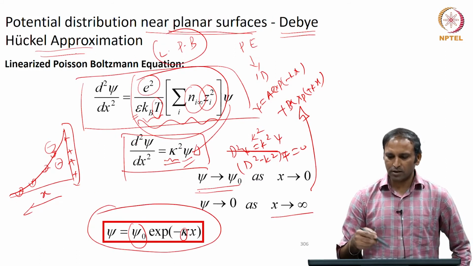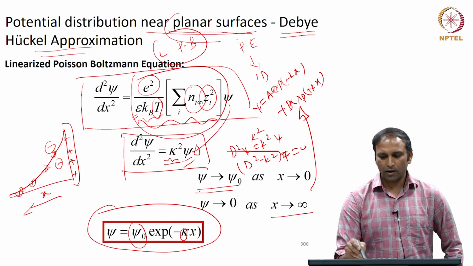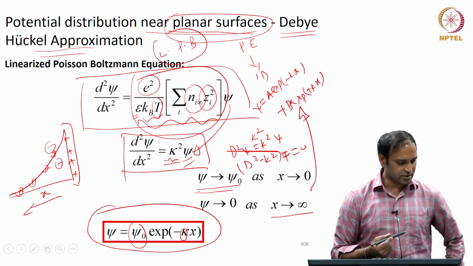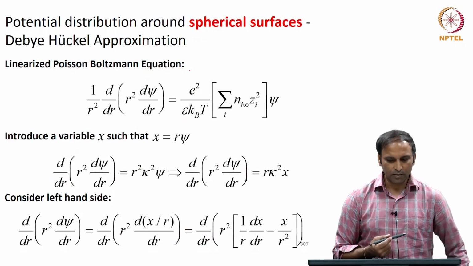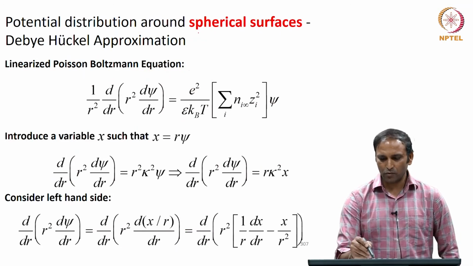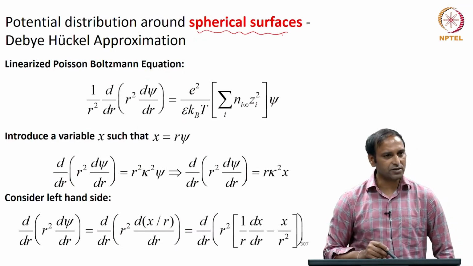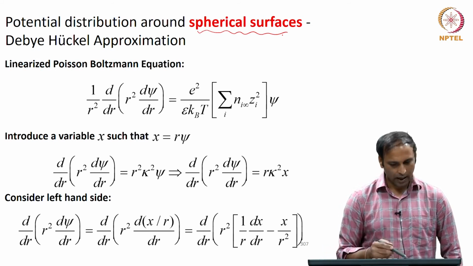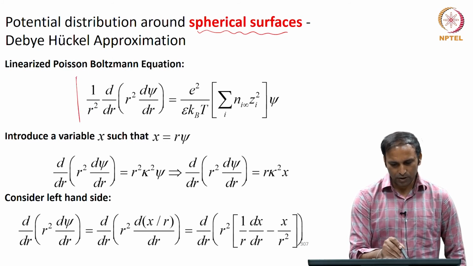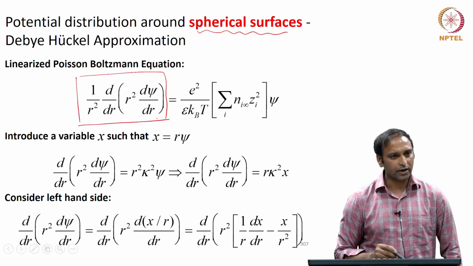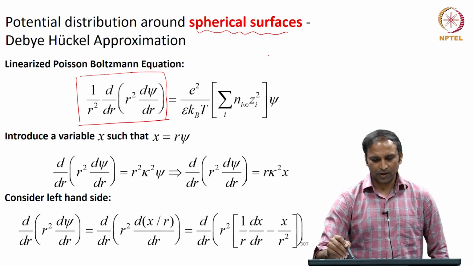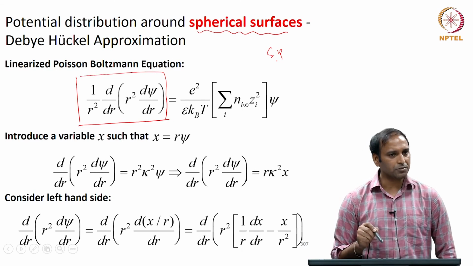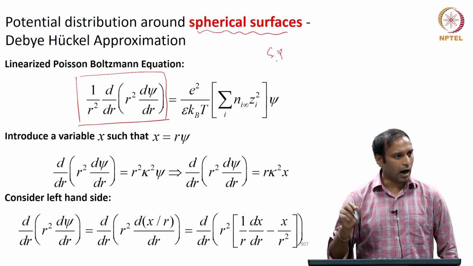You can do a similar calculation for other kinds of geometries as well. Instead of a planar surface, if I am working with spherical surfaces, I can again do a similar formulation. If you look at the spherical coordinate system, I am again going to assume that psi is a function of only r.